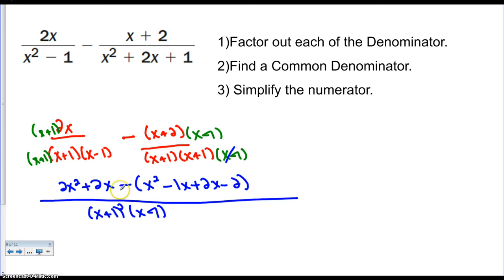Okay? So now let's move this minus sign through everything. I'm going to change that to a plus, minus, plus, minus, plus. I distributed the minus sign all the way through the parentheses. So I end up with x squared plus 1x plus 2 over (x plus 1) squared (x minus 1).